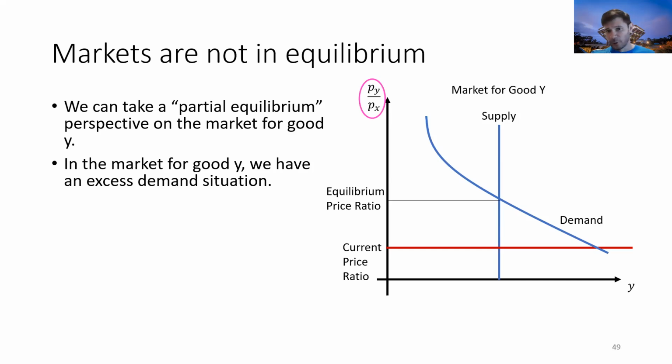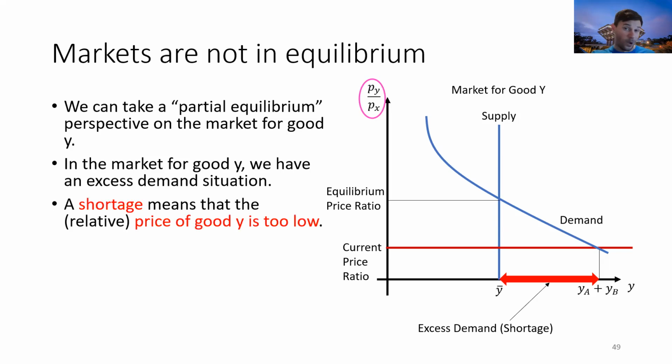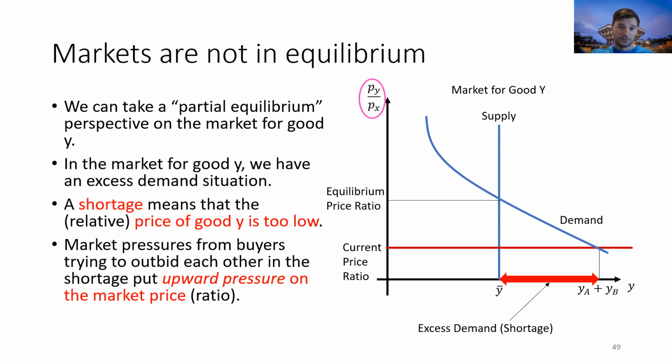Notice at that current price ratio, the demand is much higher than the current supply, which is why we said this market was in a shortage from that general equilibrium perspective. So in order to alleviate a shortage, the price of Y is relatively low in this market. And back in our competitive market environment, the story was there will be upward pressure on that price.